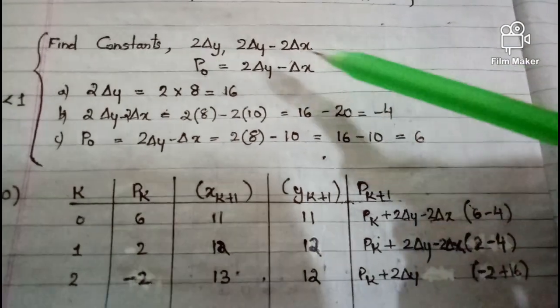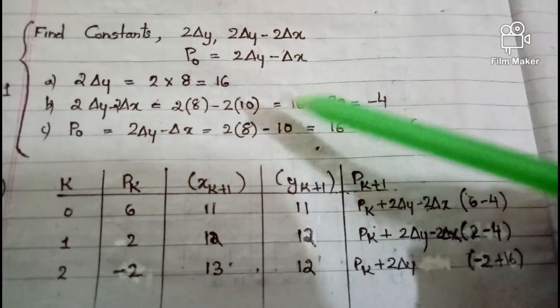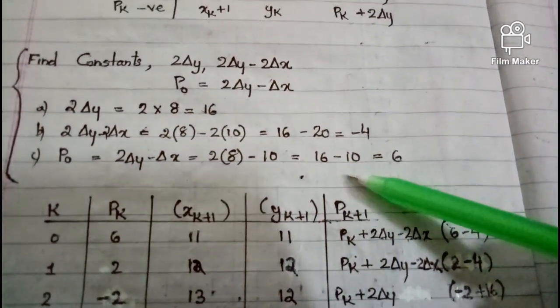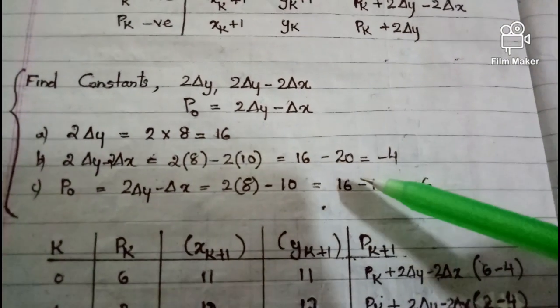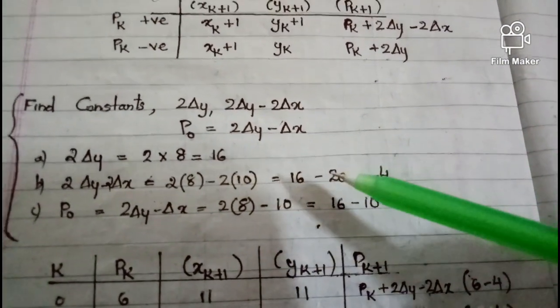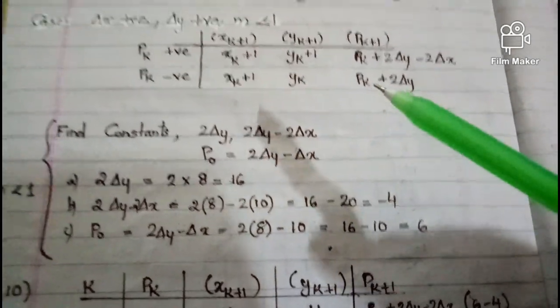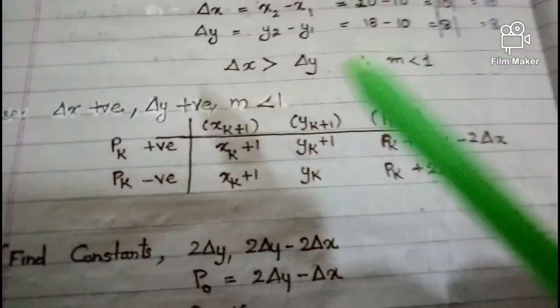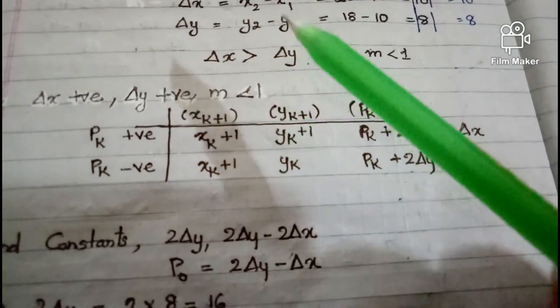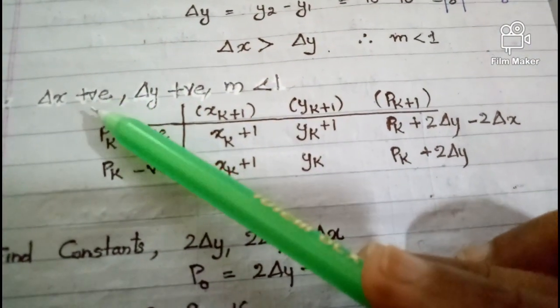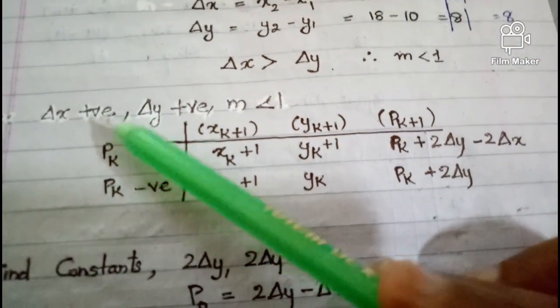Clear? So after obtaining the constant values and P0, now you have to find the pixel points, that means the x, y values you must plot. So you are going to find the plotting points. To find the plotting points, you have to specifically write the case.